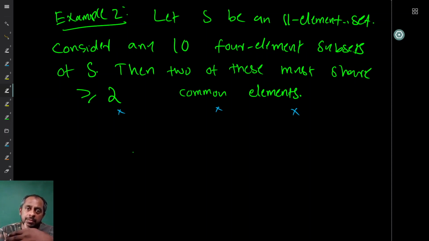So you pick 4 element subsets and take any 10 of them, whatever you like, right? So pick any 10 of the 4 element subsets of the 11 element set. Then 2 of these 10 sets that we are talking about must share at least 2 elements.